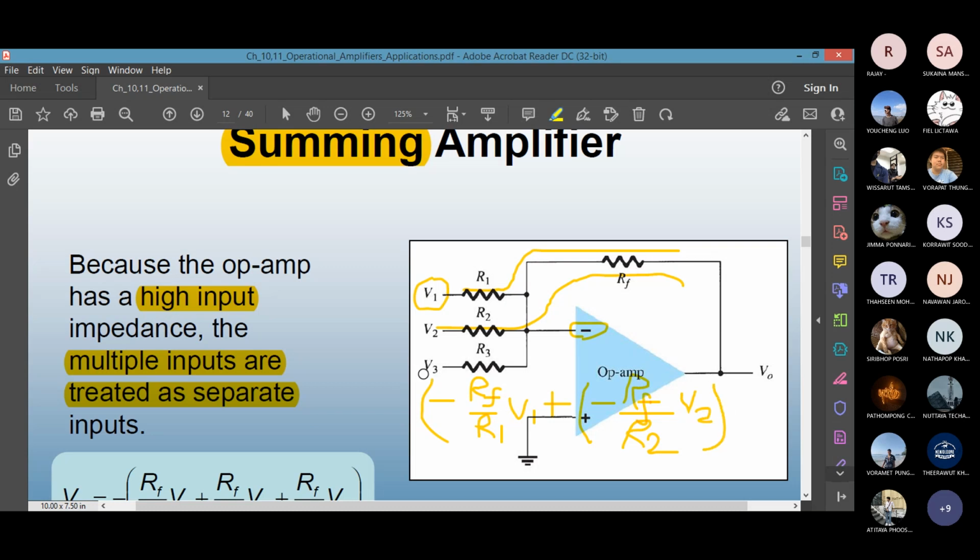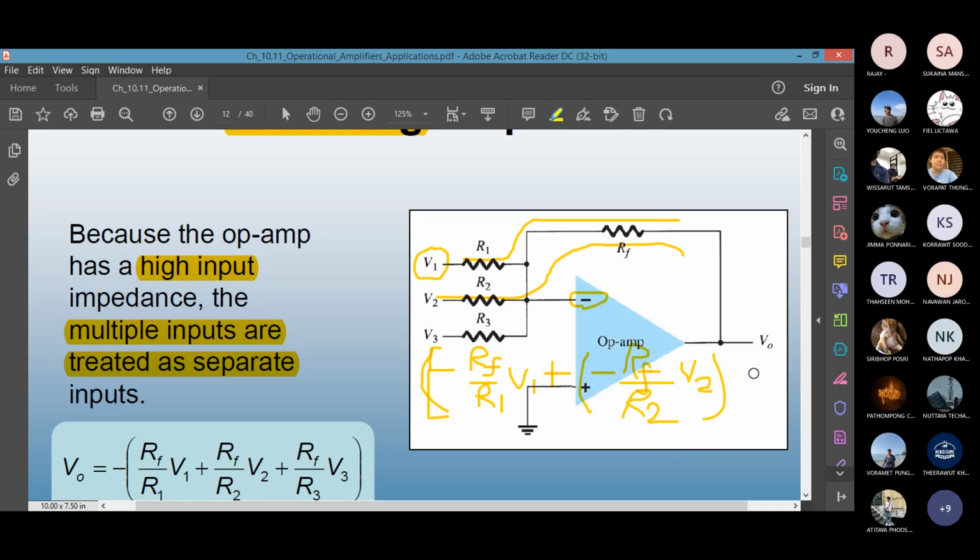And then you add one more. Put a square bracket. If you add another one, it is minus RF over R3 times V3. So in the bracket, what will you have?